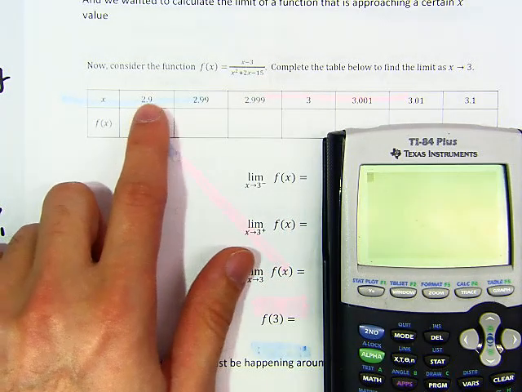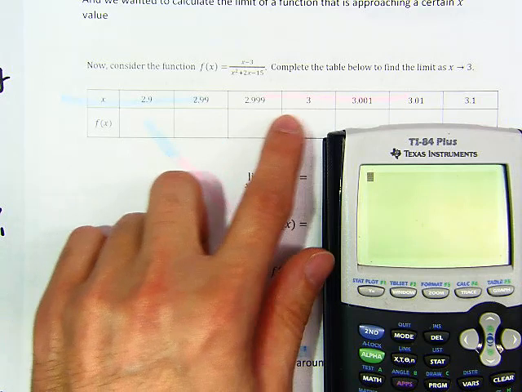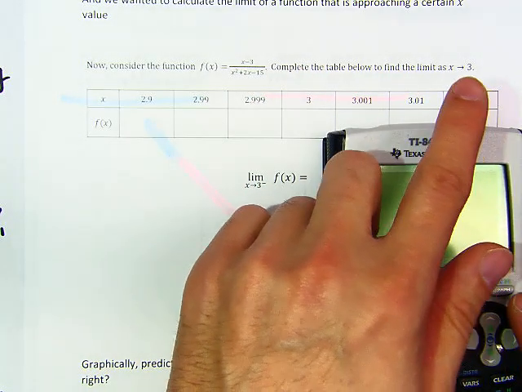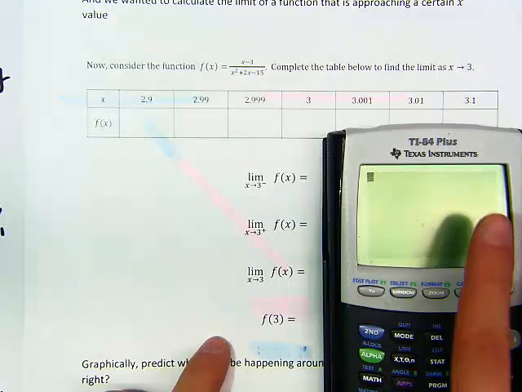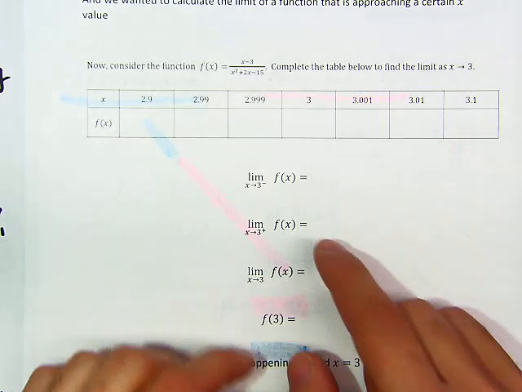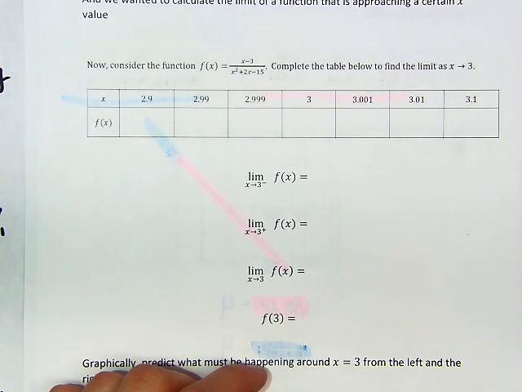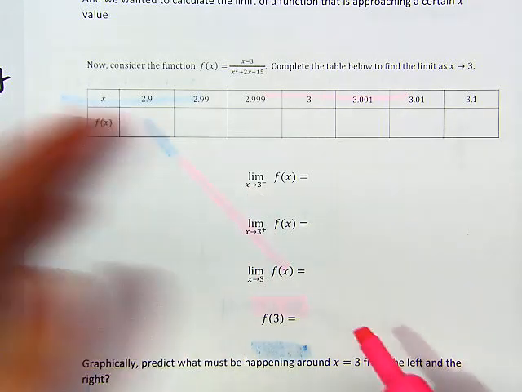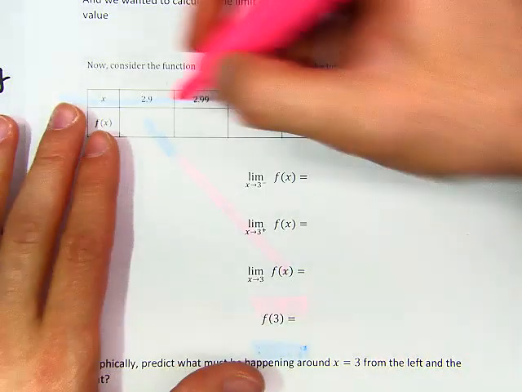So I want you to plug in every single one of these values, and let's see what happens as x approaches 3. And notice, over here we don't have a graph, we don't have a visual. But that doesn't mean we can't figure out these values, okay? When I'm approaching from the left of 3, these are my x values.